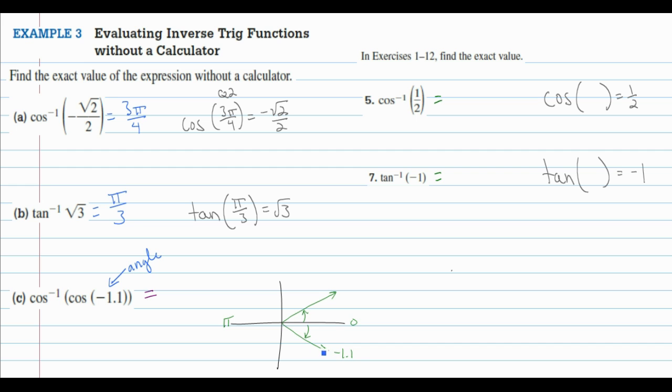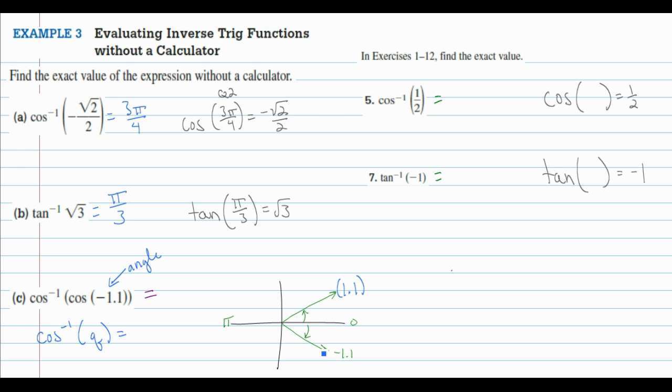So I drew that angle down here, negative 1.1, and I've got its cosine, let's call it Q. So now I'm trying to find the inverse cosine of Q. Well, I can't find an inverse cosine of a negative angle, but I know from reference triangles that if I find the angle positive 1.1 up here, they will have the same cosine value because they're both positive.